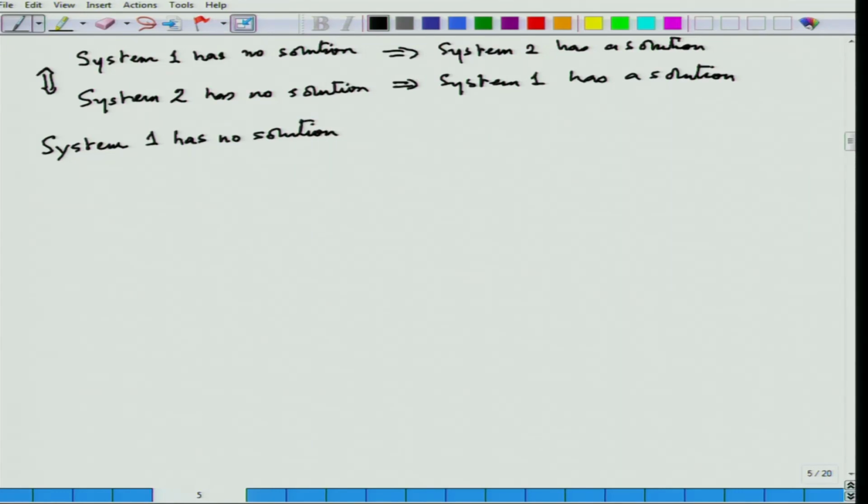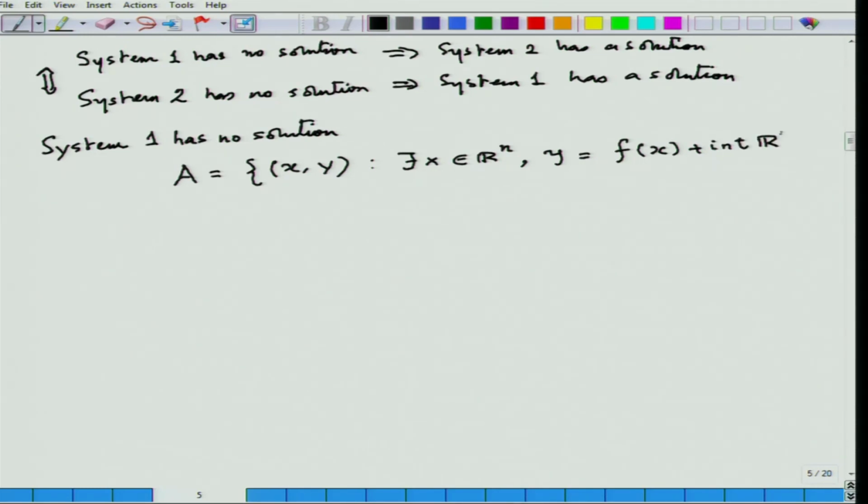Now, let me construct the set A of the form: y such that there exists x in Rn such that y can be written as f of x plus an element of the interior of Rm plus.